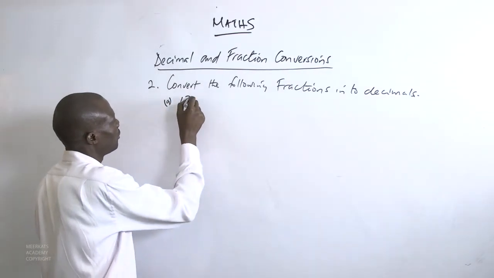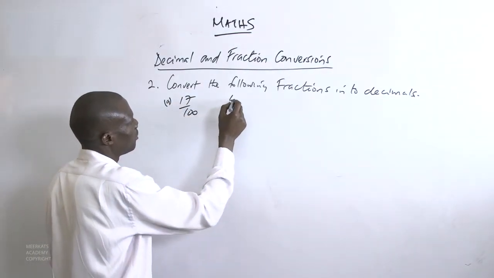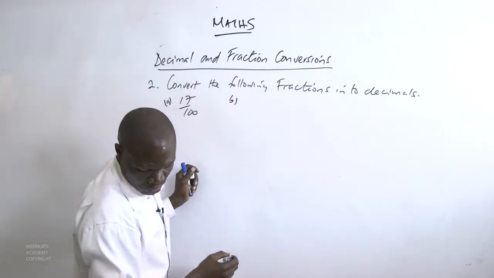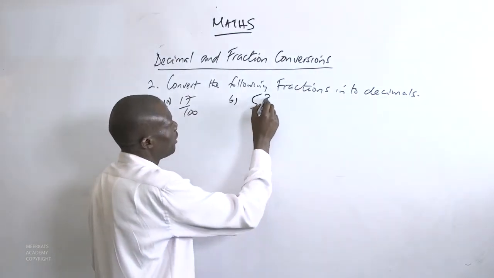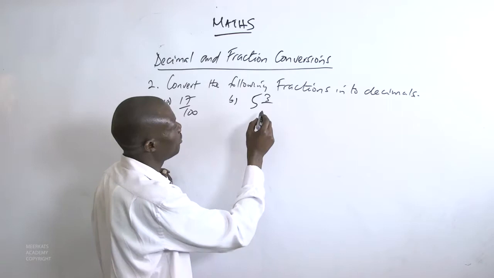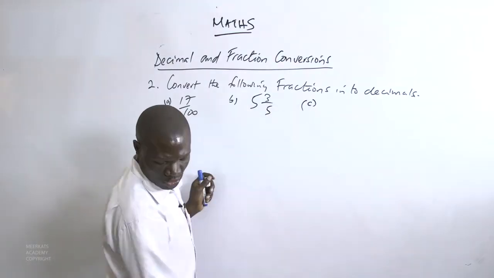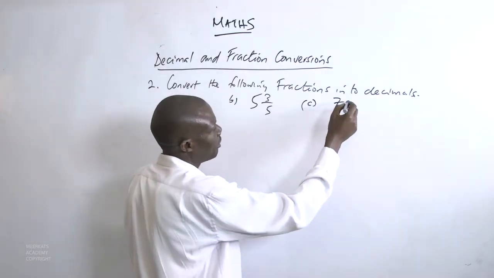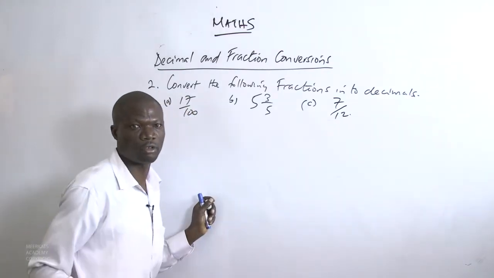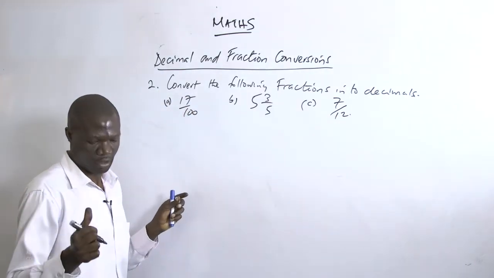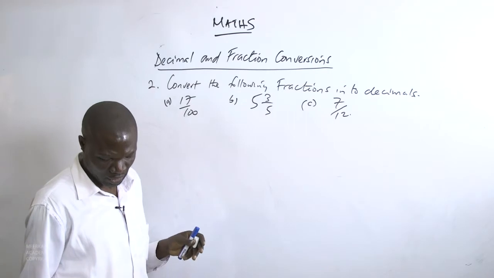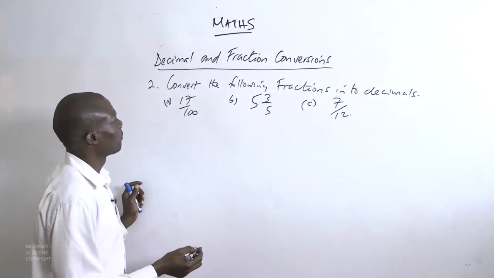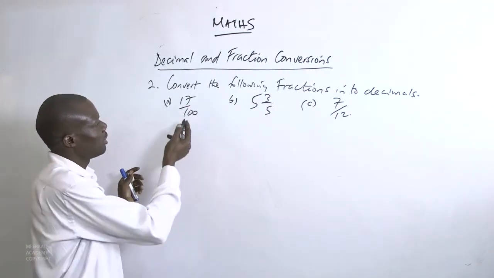A, 17 over 100; B, 5 and 3 over 5; and C is 7 over 12. Convert the following fractions into decimals.